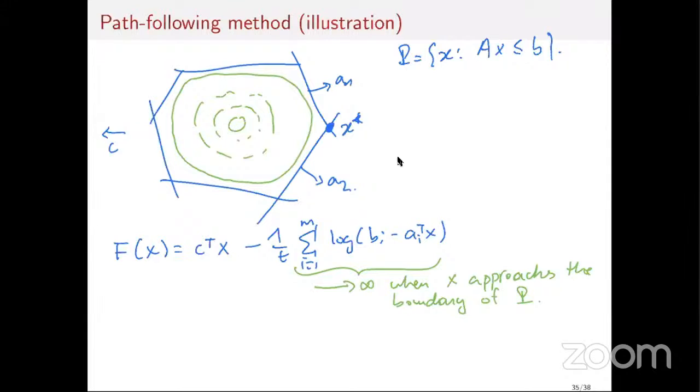This is what we call a barrier function. Okay, so these are the level sets of minus the summation of log b_i minus a_i transpose x.